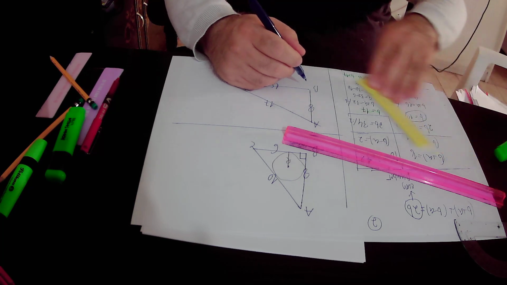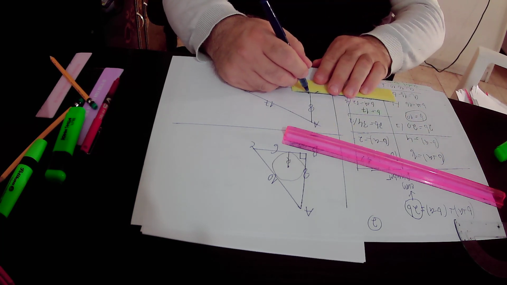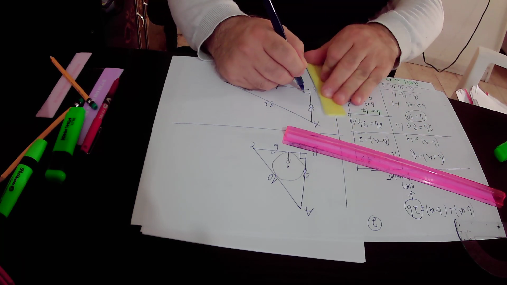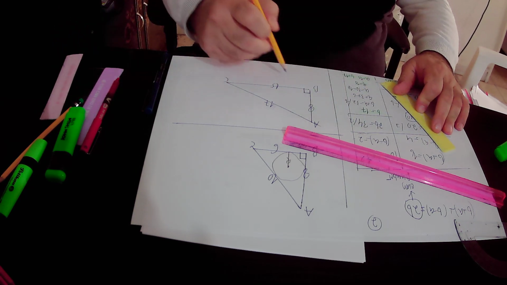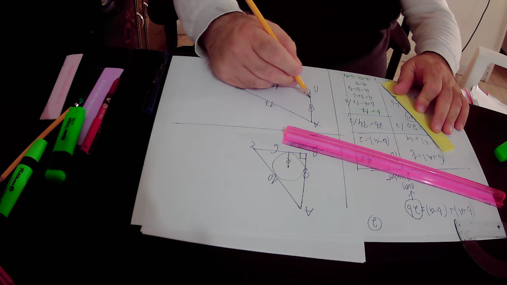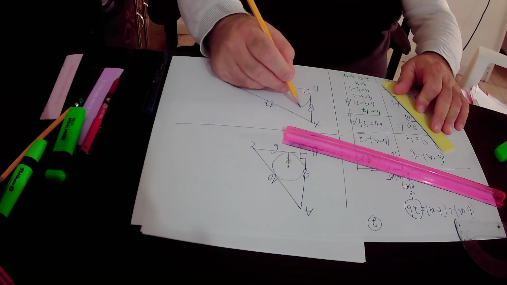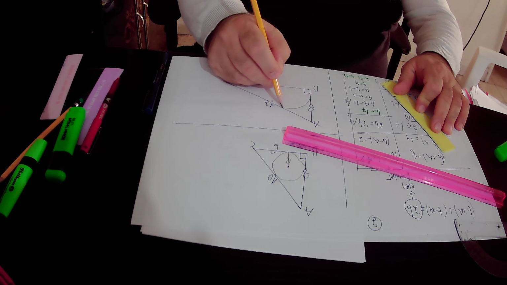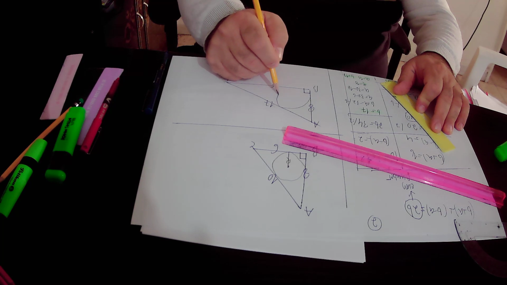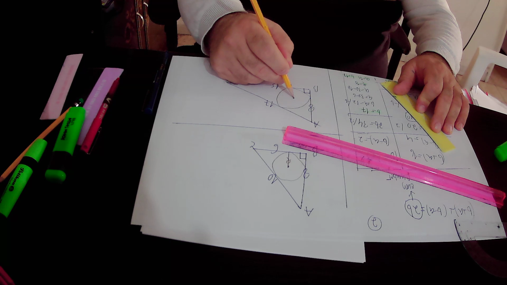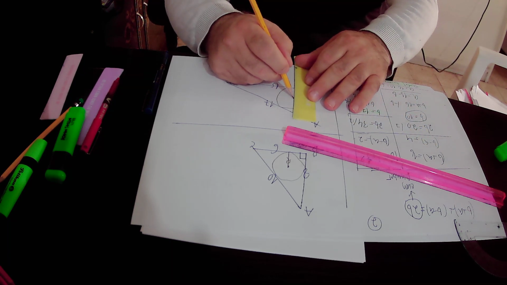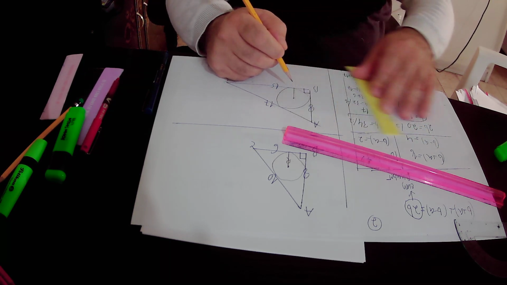And inside this right triangle ABC, we have this circle that is inscribed in triangle ABC, and we are looking for its radius.